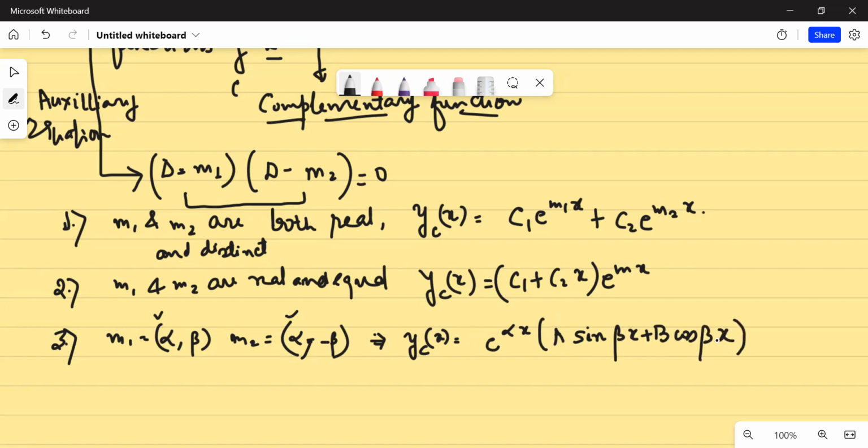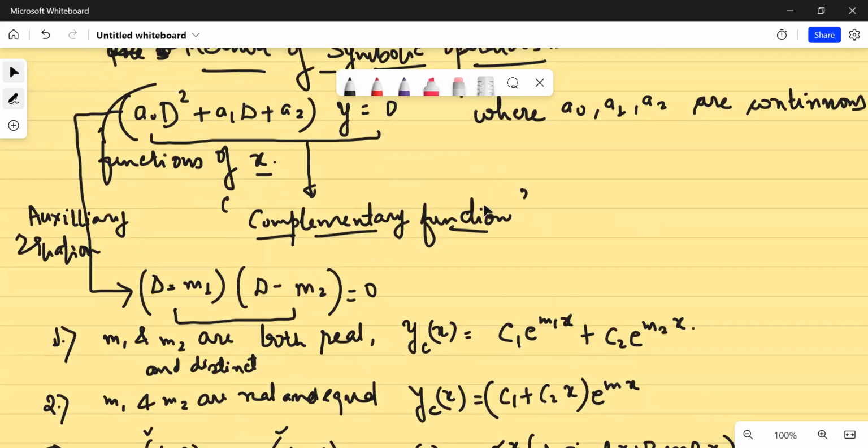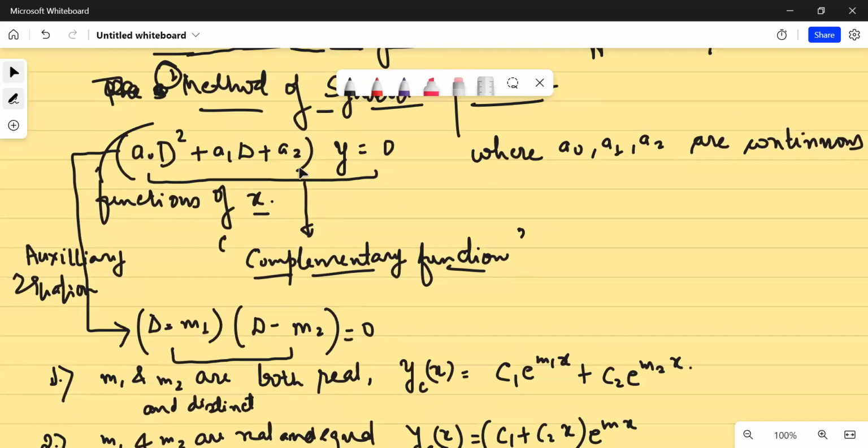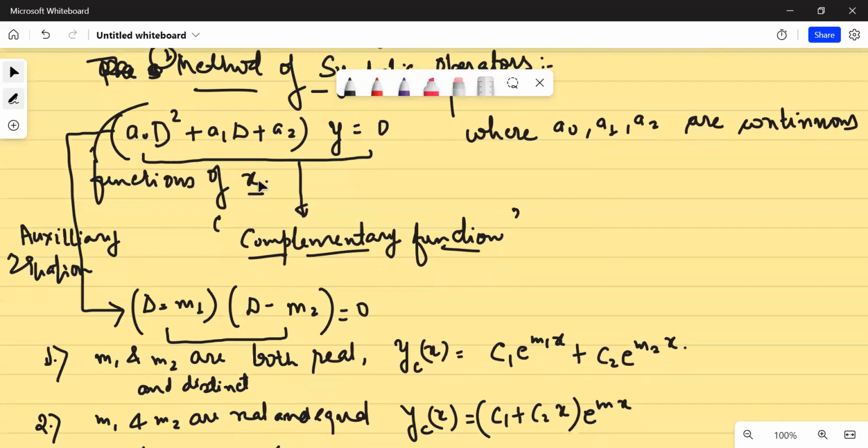So these are a few methods by which you can find the solutions to the homogeneous linear differential equation. Right now I'm discussing a second order homogeneous linear differential equation. Again, I'm reiterating, the solution is obtained by solving this particular linear differential operator in the form of an auxiliary equation.